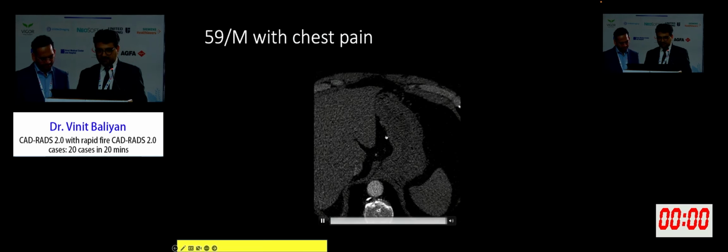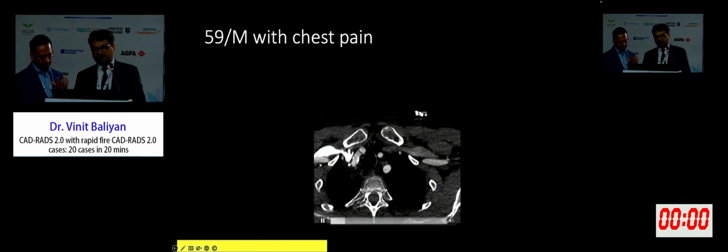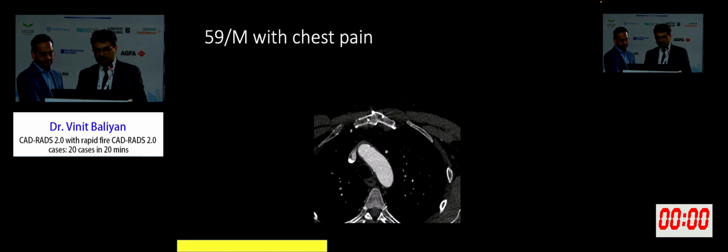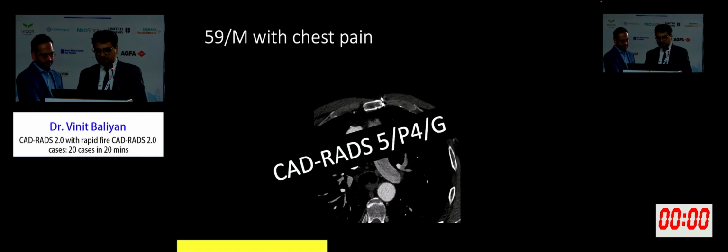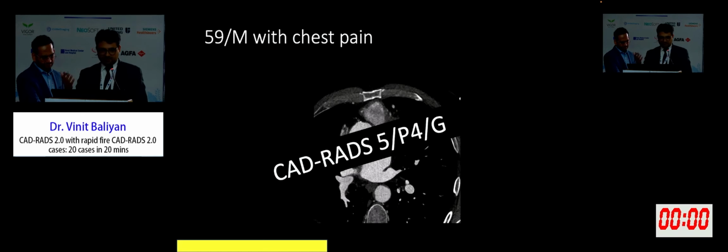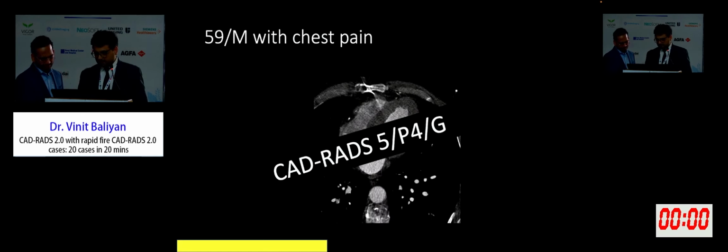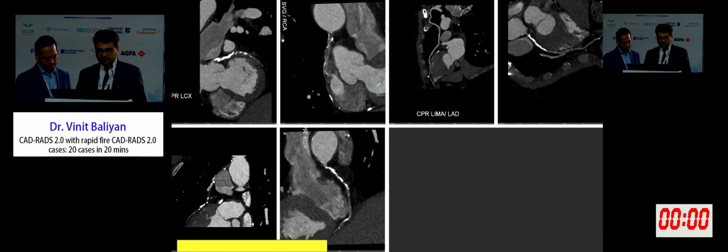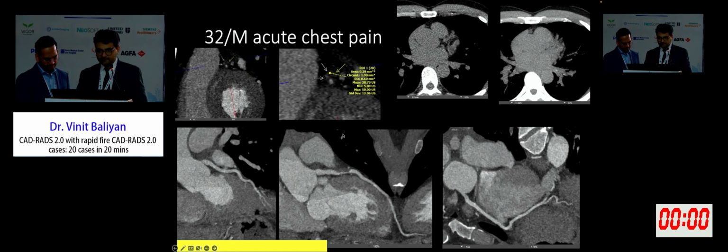Another graft to the OM I couldn't identify. So how many think it's a CAD-RADS 5? Yeah, if a graft is down, that means a 5. And every segment is involved, so P4 and bypass graft. And this is the summary. This is the RCA graft, this is the graft to the OM, they both are occluded.